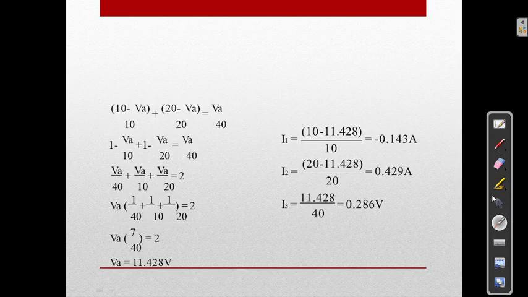Like this, we get all the I1, I2, I3 values with nodal analysis. Thank you.